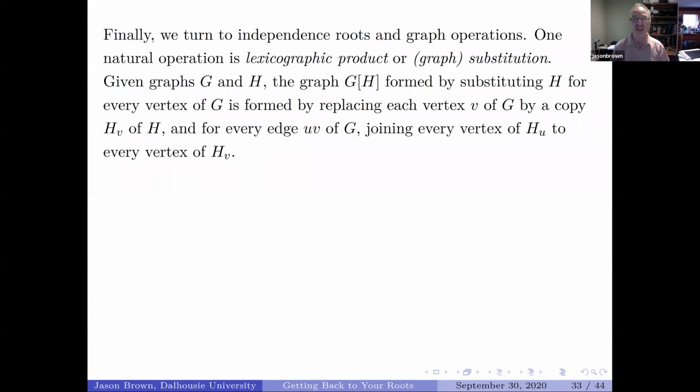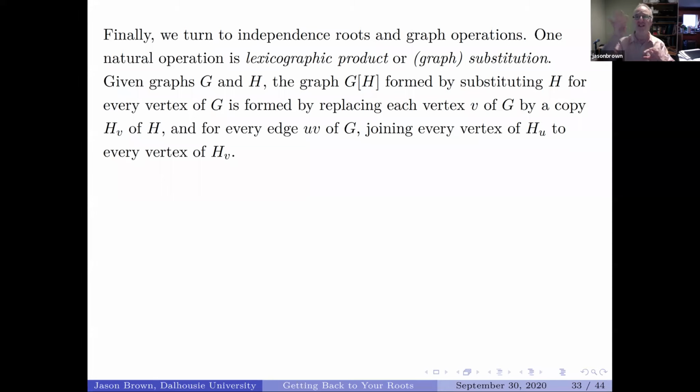If you're given graphs G and H, the graph G composed with H, or the graph G with H substituted in for each vertex, is formed by replacing each vertex v of G by a copy H sub v of H. And for every edge of G, we're going to join every vertex in the copy H sub u of H that we substitute for u to every vertex of H sub v that we substitute for v.